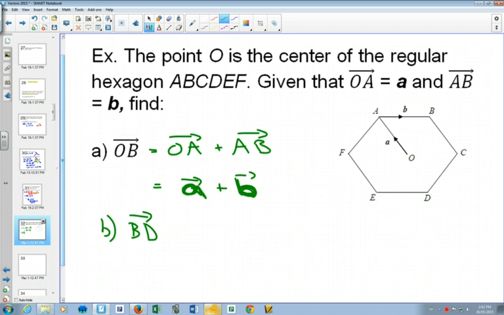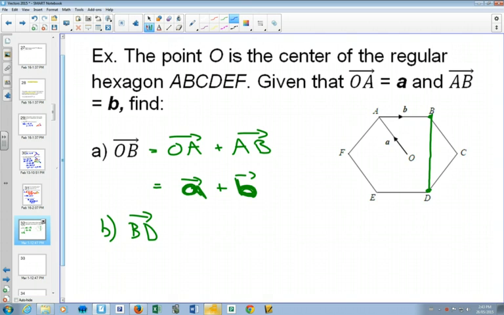So from B to D, can you think of a pathway that would get you there? Should not just be minus OA?